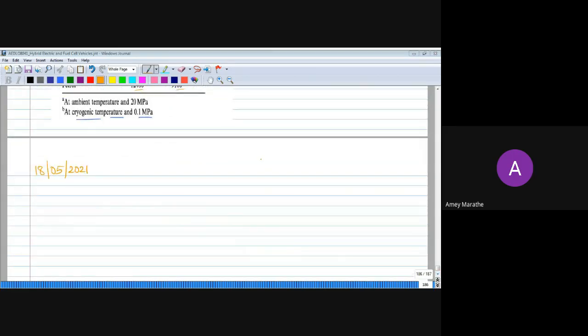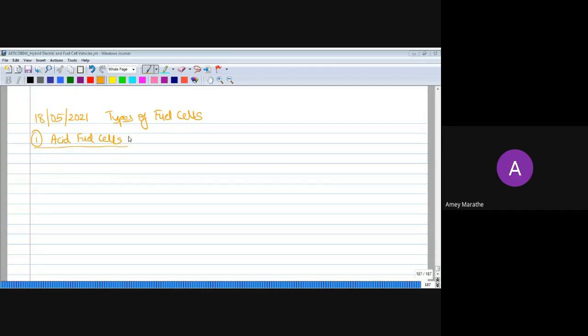Now what we are going to focus on is the different types of fuel cells. The first type of fuel cell which we are going to start with today is the acid fuel cells.